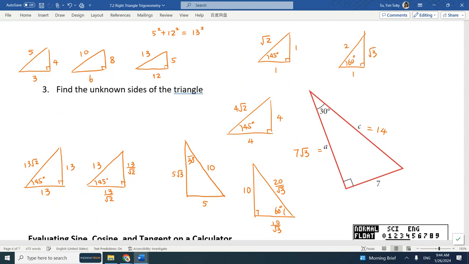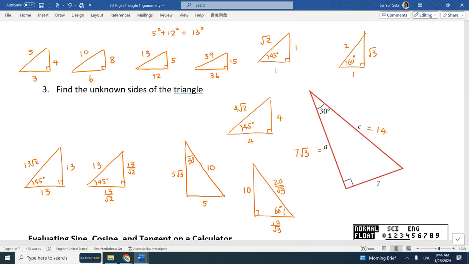Yes, 169 is 13 squared, right, everybody? So now if I give you another one, I put 39 and 15, and then what is the remaining one? Yeah, exactly. Because these and this, they just multiply by 3 of all the sides. Okay, everybody?